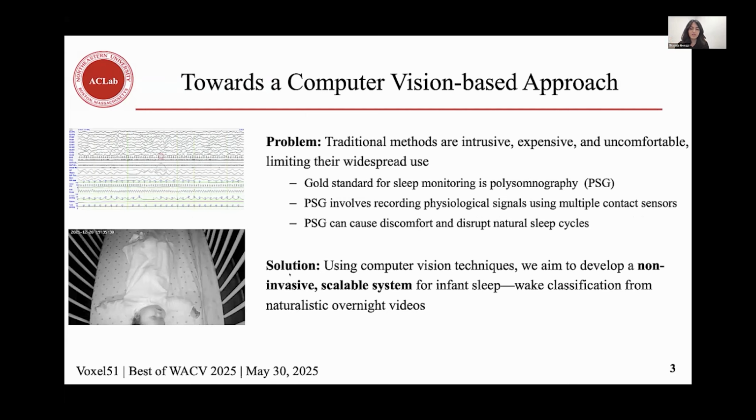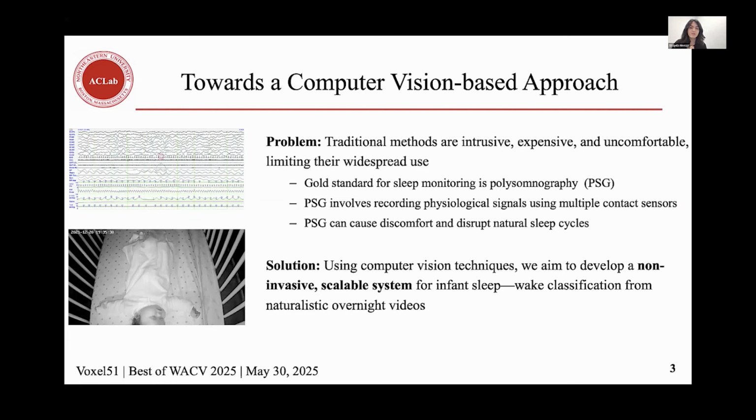Given we're all computer vision enthusiasts here, the solution that we focus on is a computer vision-based approach. The problem with existing methods is that they are intrusive, expensive, and uncomfortable, which ultimately limits their widespread use. The gold standard right now for sleep monitoring is polysomnography, or PSG, which involves recording physiological signals using multiple contact sensors.